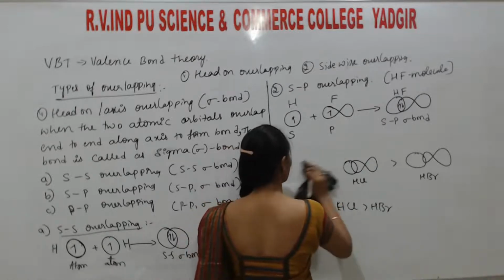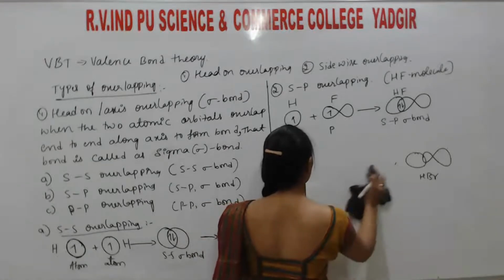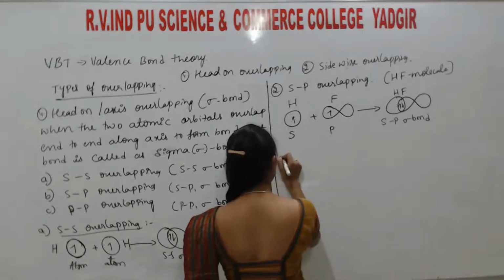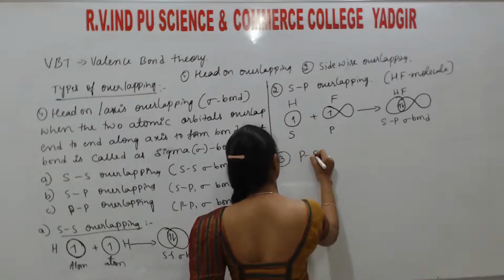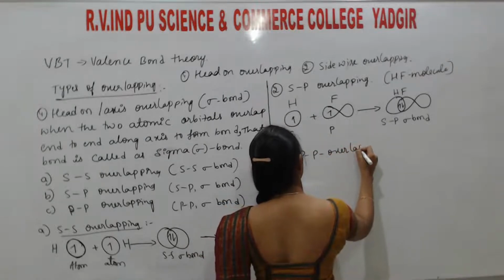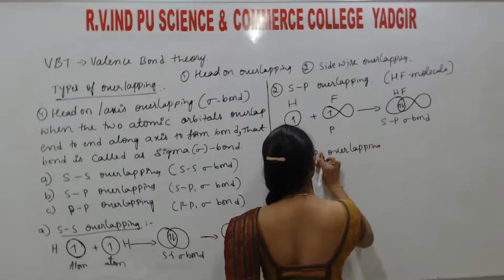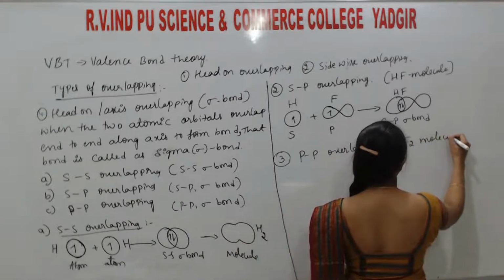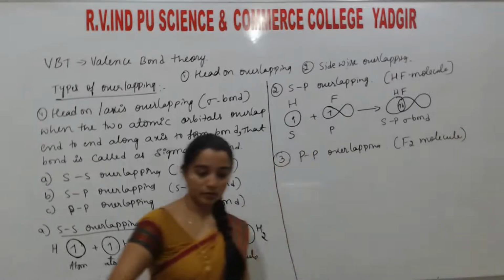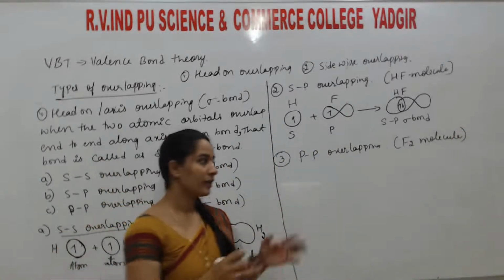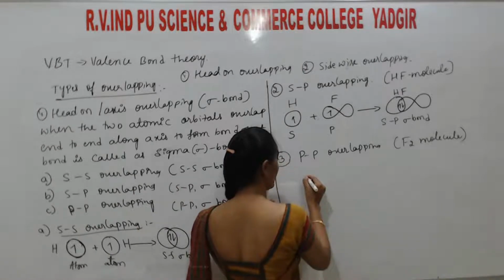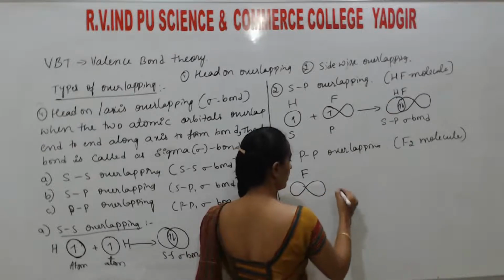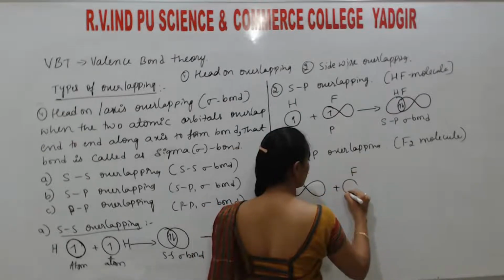Understand? The next, third one, is PP overlapping. Means the F2 molecule. Students, you know in the F2 molecule the valence electron is present in the p orbital. So I'll take one F here plus another F here.